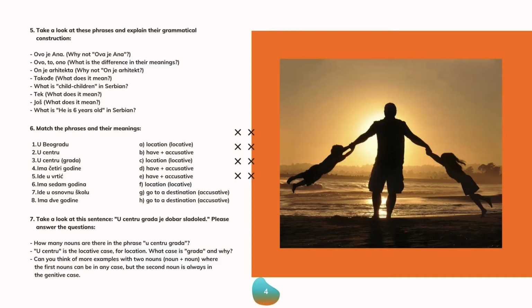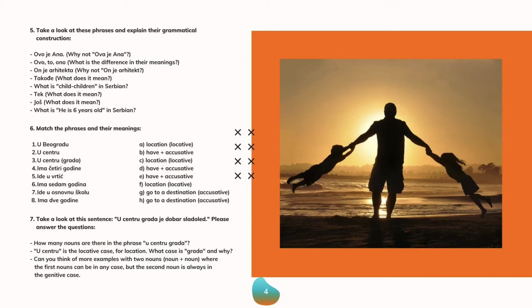Ovo, when we point to something, this, is close to the person speaking. To, that, is close to the person I'm speaking to. Ono, also that in English, because there are no three different words like in Serbian, ono is far away from both of us.